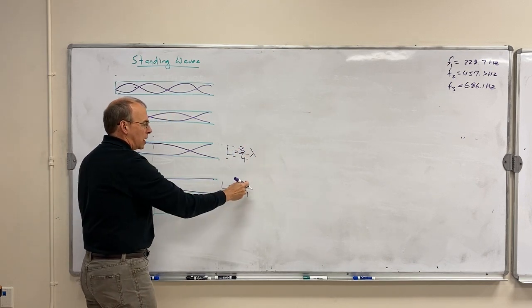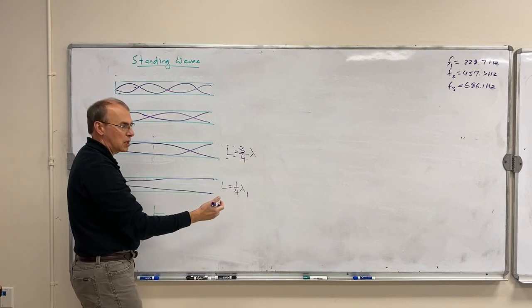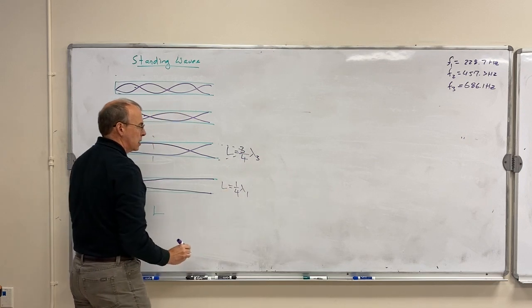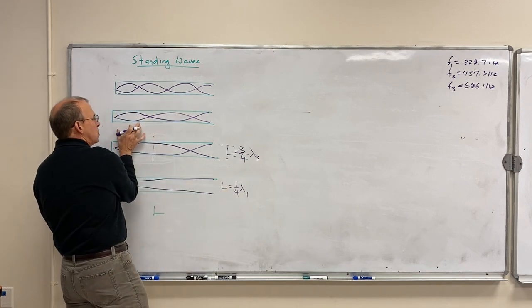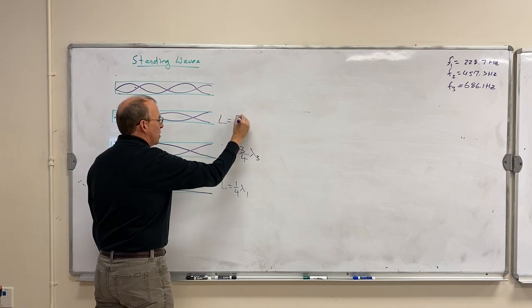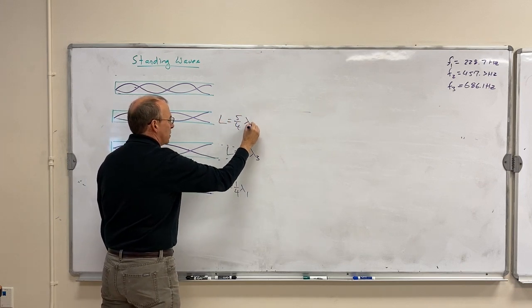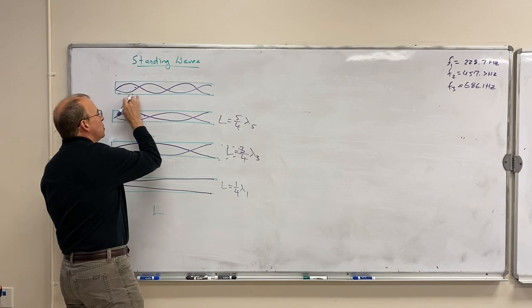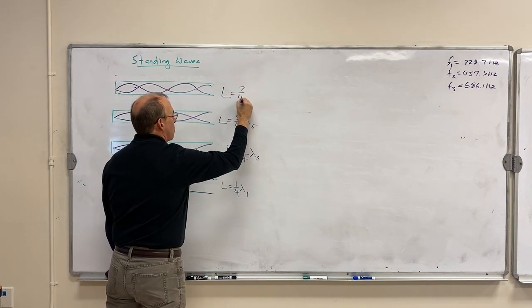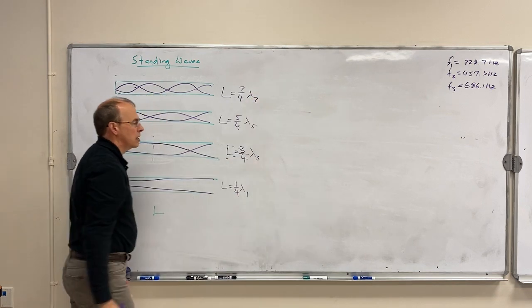I don't want to call that lambda 2, that'll mix up my notation. You'll see why later. I'm going to call that lambda 3. Here I've got 5 quarters. L is 5/4 of lambda 5. L is 7/4 of lambda 7, etc.